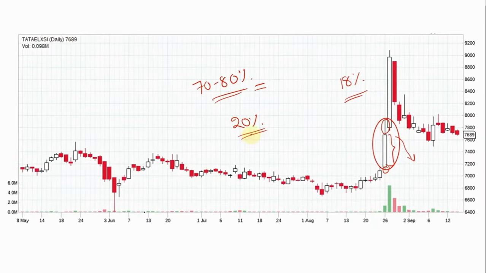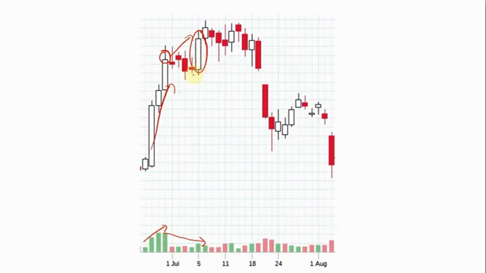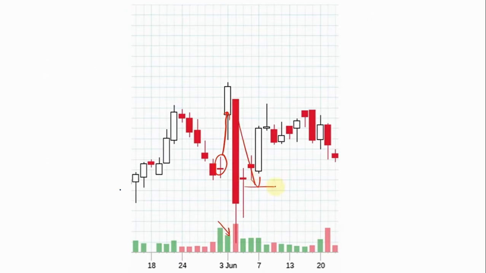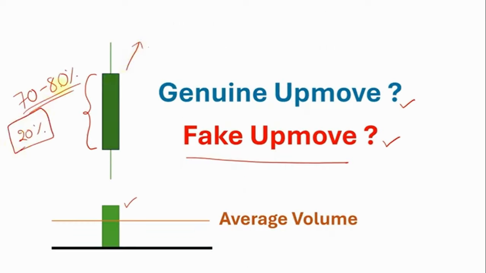Here also, this one is a narrow spread. Volume is increasing, but a trap is created, and again the stock price is falling.